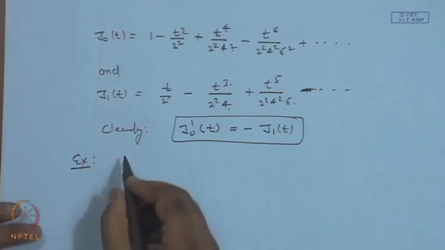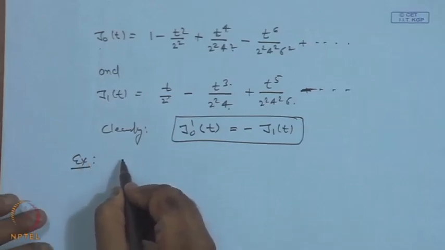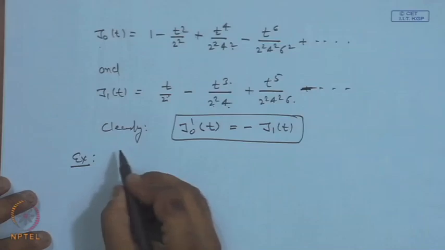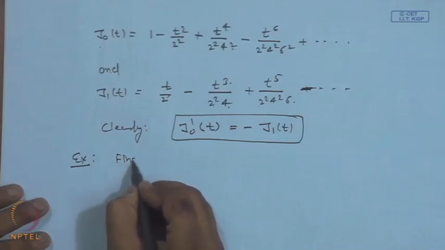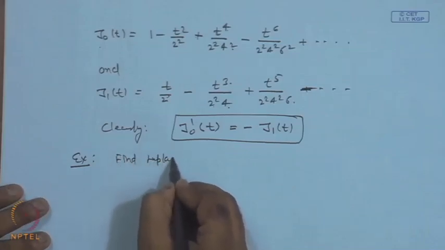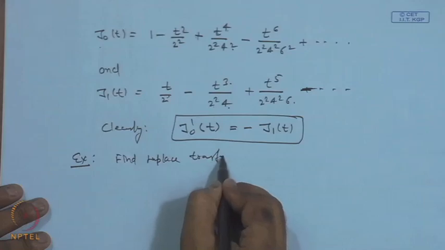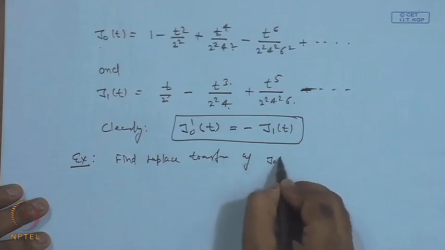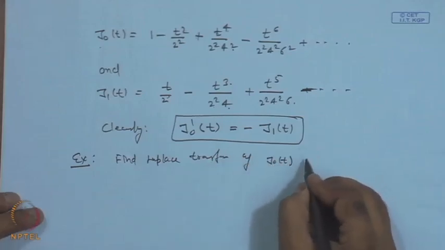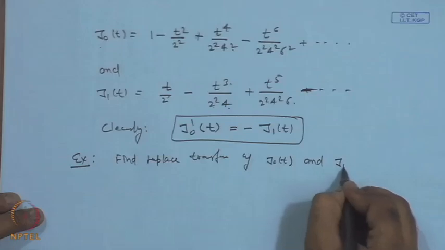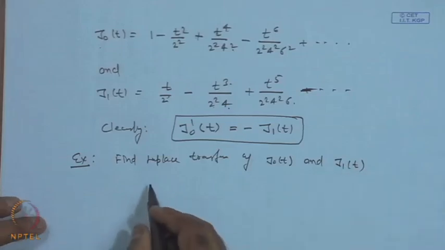So, as an example, we take that, find the Laplace transform of J_0(t) and J_1(t).